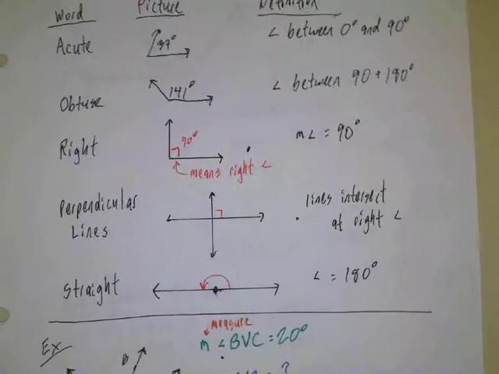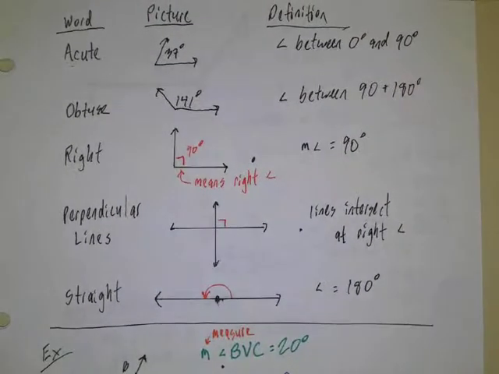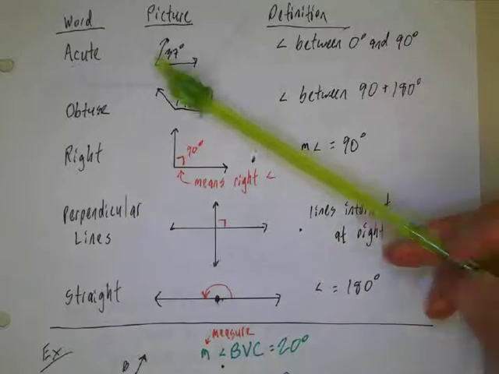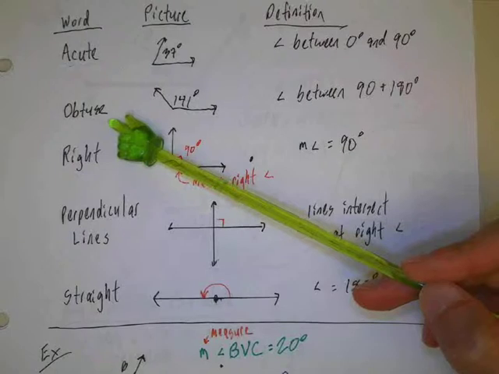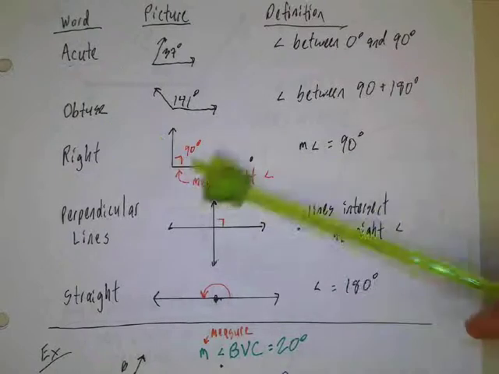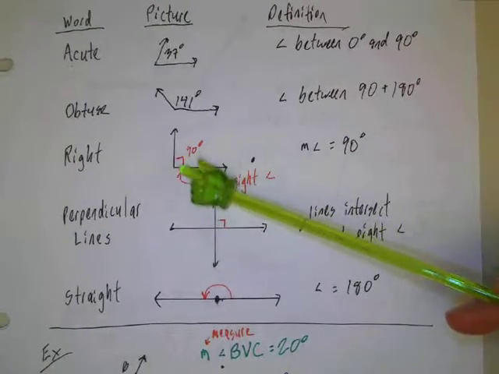Then we said, you know what, we need some words to describe different types of angles, whether they be small, or 90 degrees, or large. We came up with acute for less than 90, obtuse, between 90 and 180, right is exactly 90, and here's a symbol for 90.